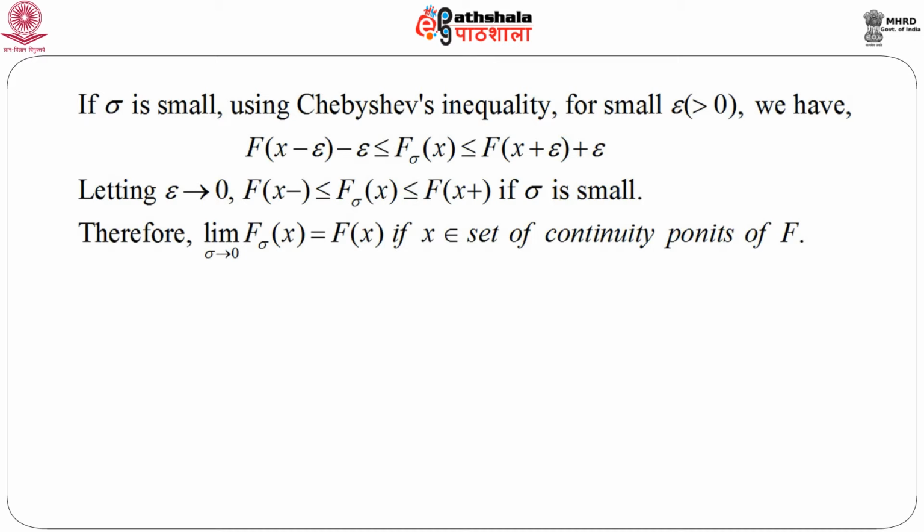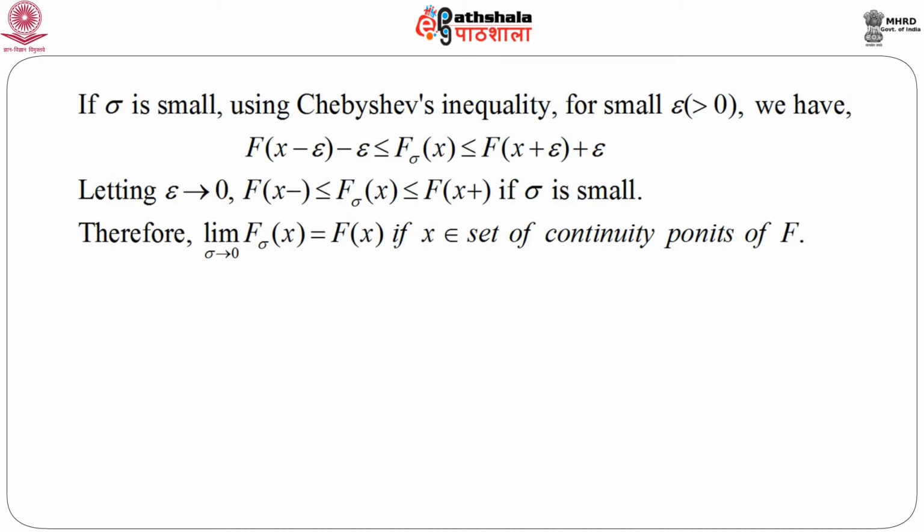With a little bit of algebraic manipulation, we can get that F of x minus epsilon is less than or equal to F sigma x, which is less than or equal to F of x plus epsilon, plus epsilon. Now, this epsilon is arbitrary. So, if we let epsilon go to 0, that means this quantity approaches x from the left side.